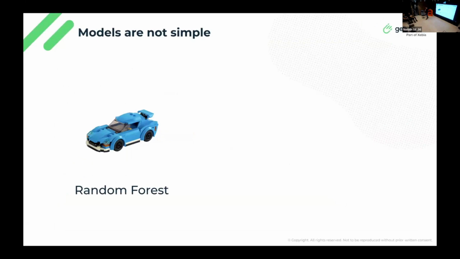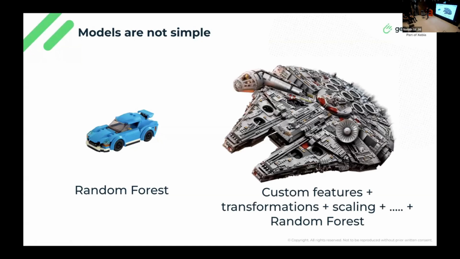So far, I've been deliberately showing you models that consist mostly of the algorithm itself. So the models look more or less like this. We have a small model with random forest, which is the ML algorithm. But in a real world scenario, models look more like this. So the machine learning model itself is only a small fraction of the whole system.